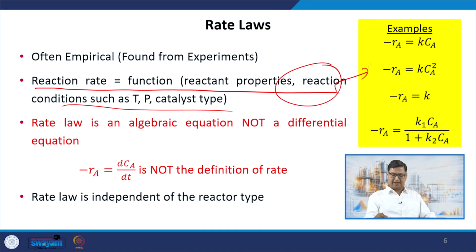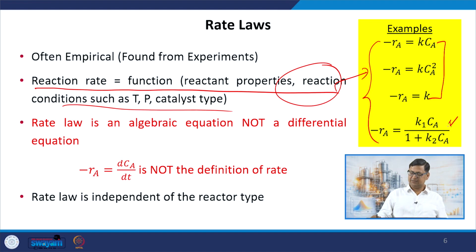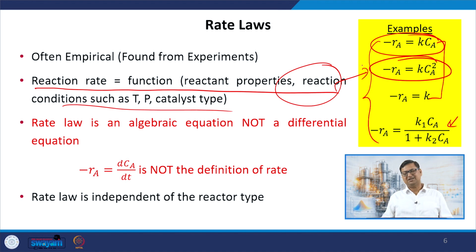And on the right, I am giving you some examples. These are typical rate laws. This is somewhat atypical rate law. The first one is an example of what we know is a first order reaction, because concentration is raised to the power 1. Second one is an example of a second order reaction, because concentration is raised to the power 2.